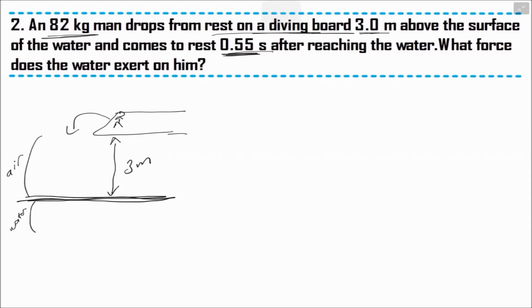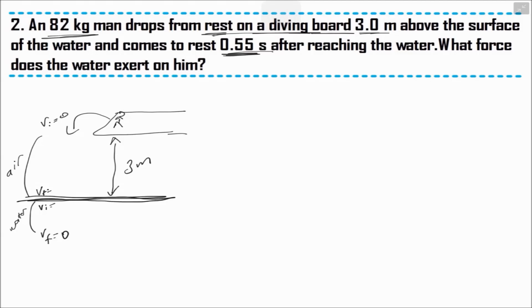Because in the question it says the guy dropped from rest, initial velocity is 0, and we have to calculate the final velocity of the guy in the air. That final velocity in the air will be the initial velocity of the guy in the water, and the final velocity of the guy in the water will be 0 again.